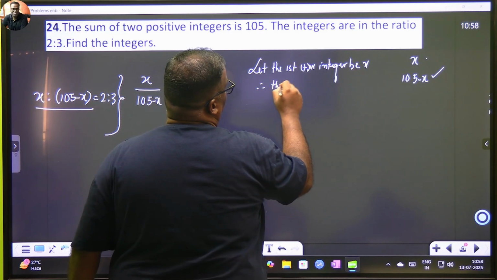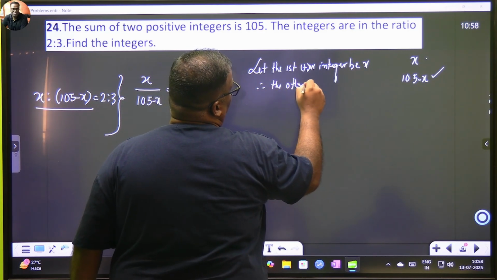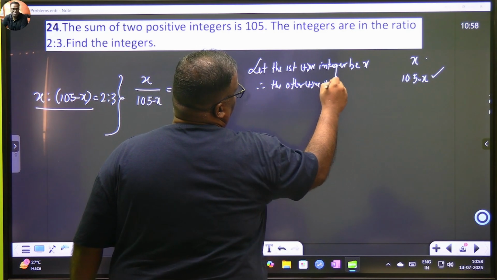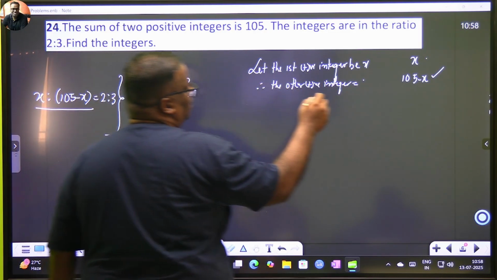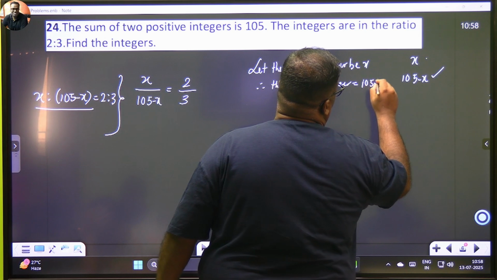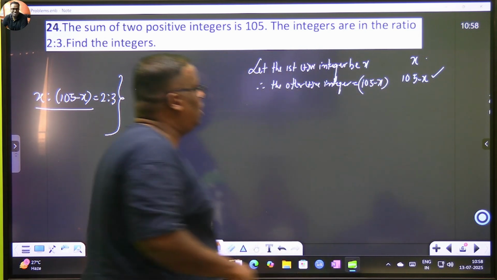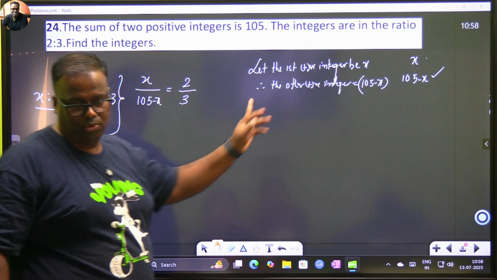Therefore, the other positive integer is equal to 105 minus x. I hope you know this symbol, therefore.